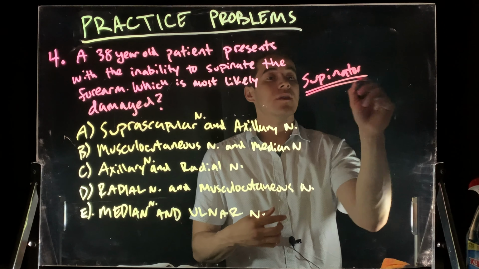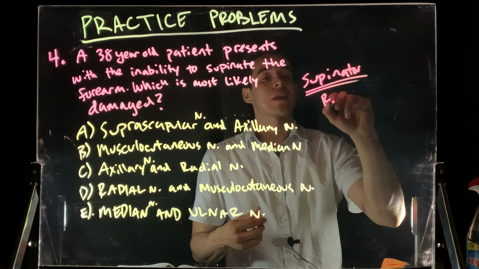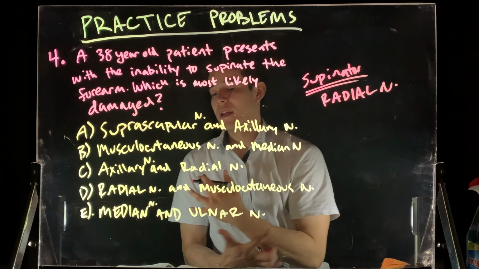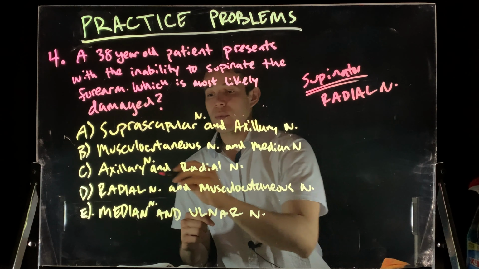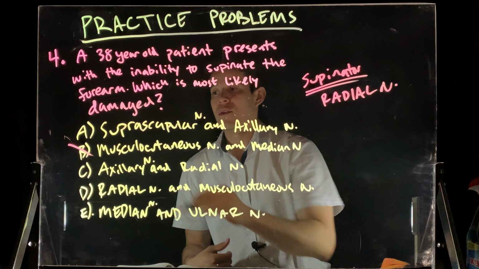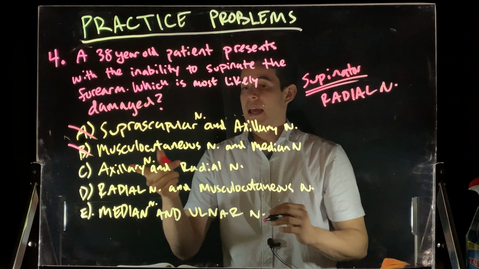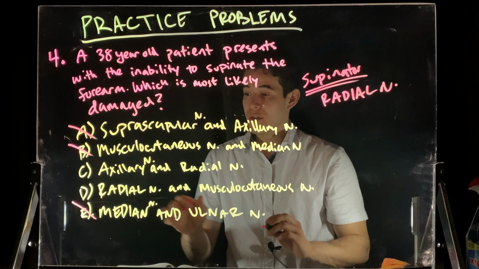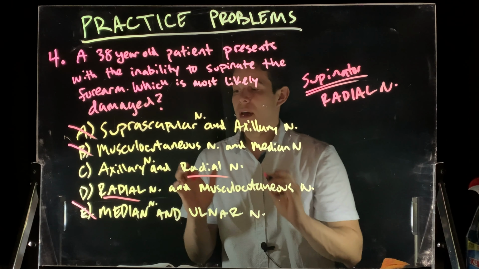So supinator is innervated by my radial nerve. So immediately, when we're thinking of supinator, we can go through and already cross off some things, right? B doesn't have the radial nerve. A doesn't have our radial nerve. And then E also doesn't have our radial nerve. But D and C both have radial nerve.